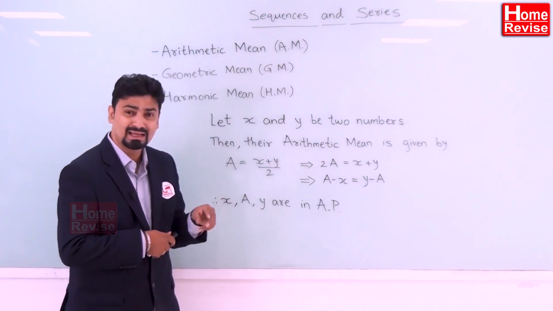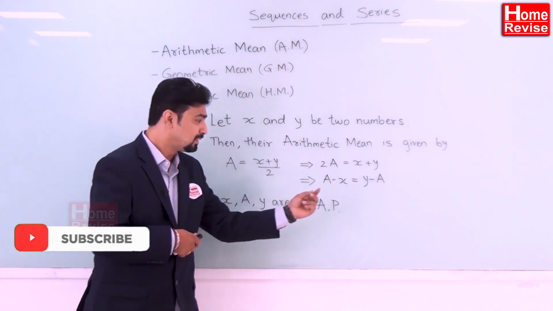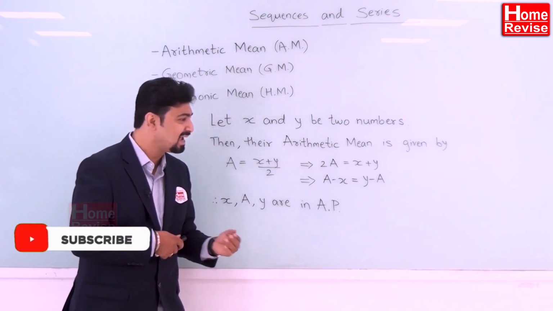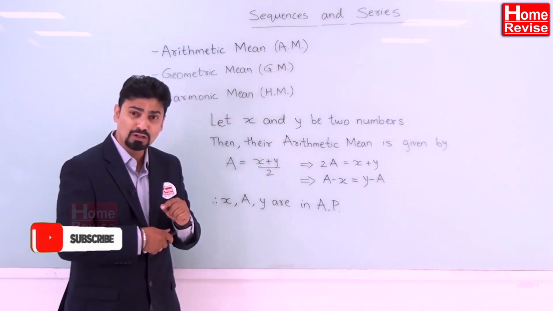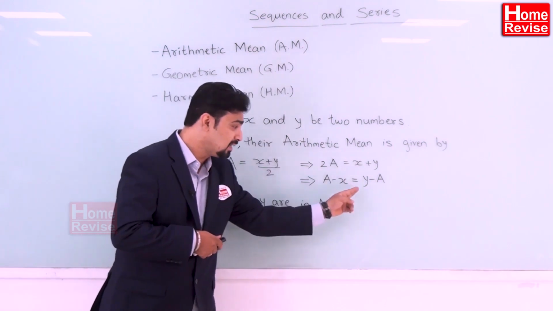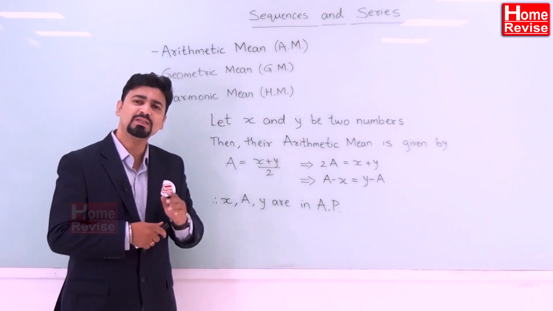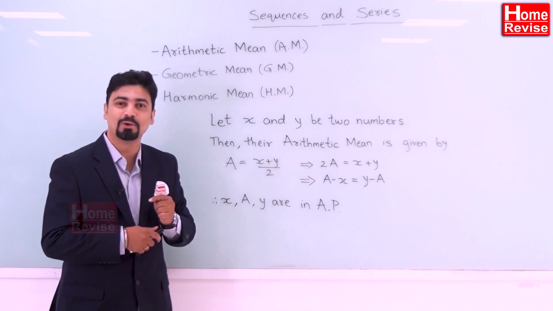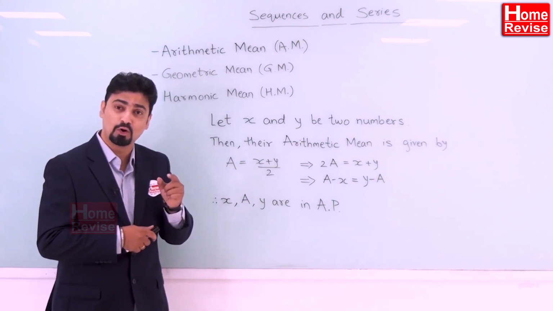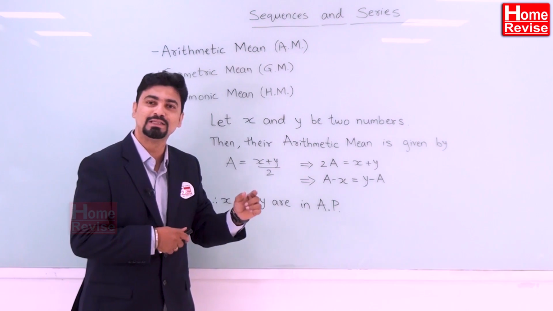Now this looks like a difference between two numbers: this is the difference between a and x, and on the right hand side we have the difference between y and a, and the two differences are equal to each other. Where do we see differences being equal to each other? That is in arithmetic progression, where the difference is common for every two consecutive terms.